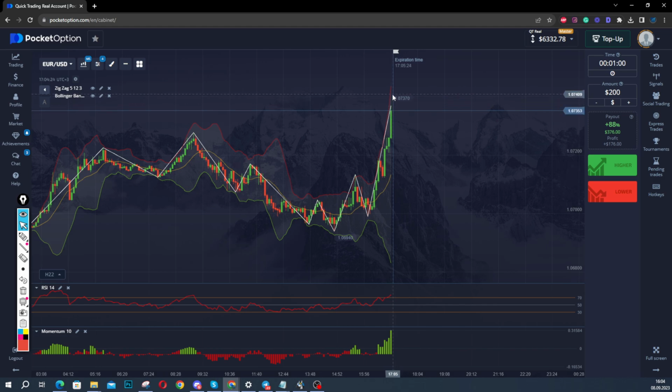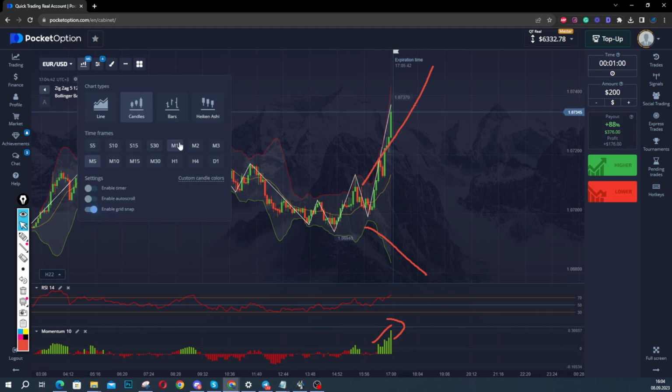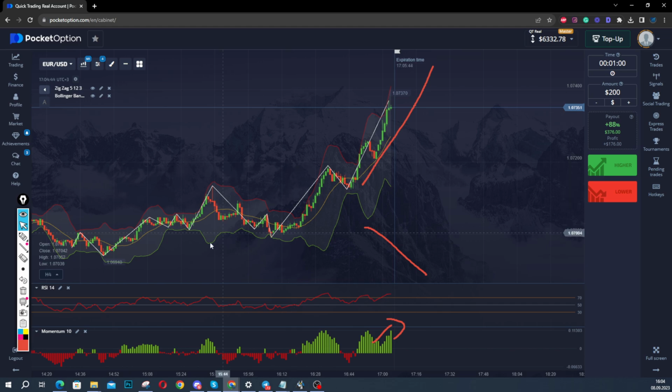Even if the Bollinger Band shows me a sell signal here, you see it's widening. So the momentum is here. We have big momentum in one direction, and I don't want to trade against it. So maybe we will find a better asset to trade with this strategy.